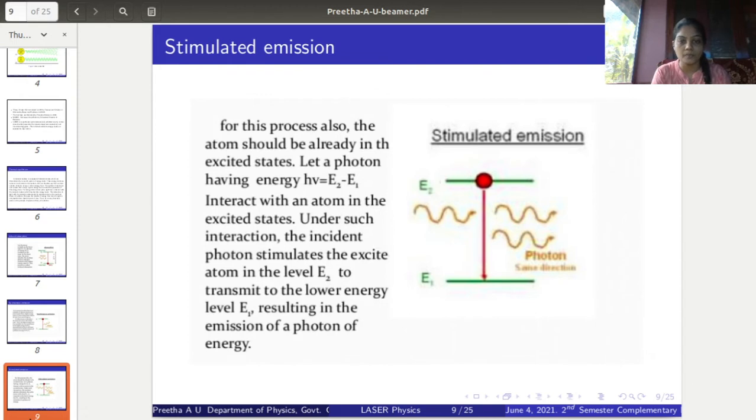For this process to occur, the atom should be already in the excited state. Usually all the atoms will be in the ground state at a normal temperature, and when it gets energy by the absorption of a photon, it gets excited to the higher energy level.